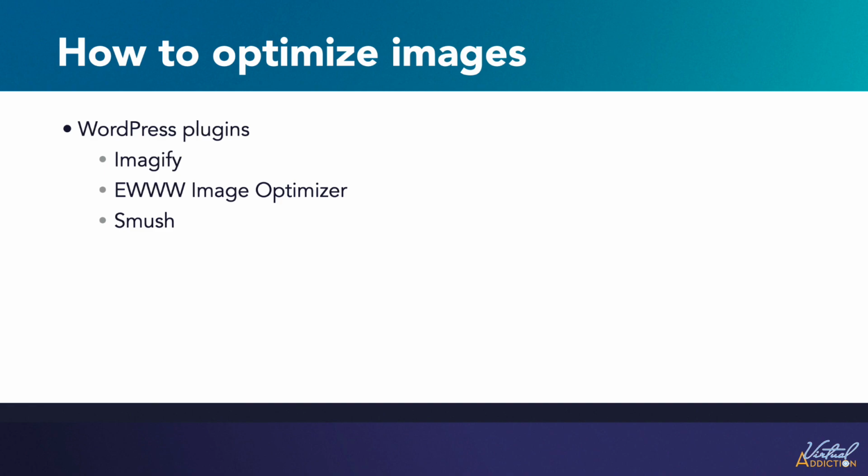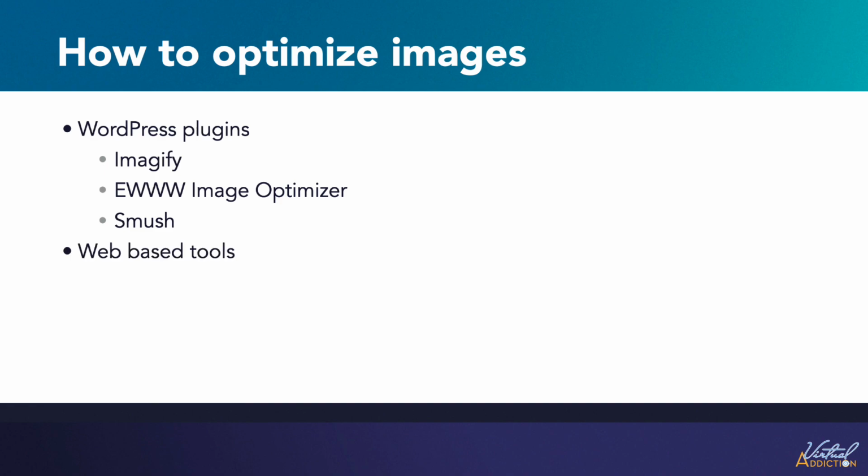I like Imagify, the image optimizer, and a plugin called Smush. Some of these plugins have both a free and a pro version, so it's worth checking them out to see if they will work for your project.